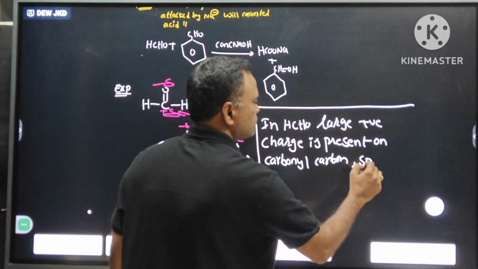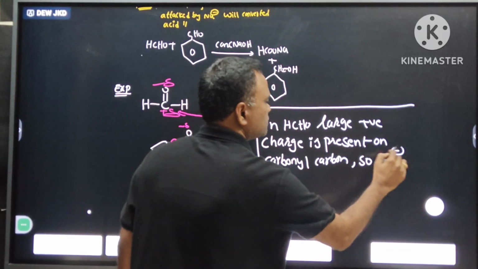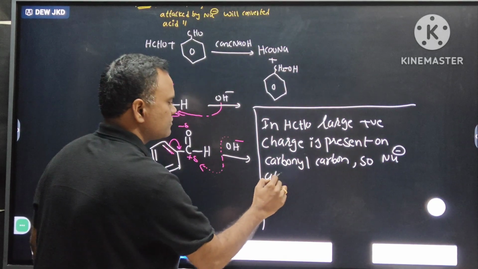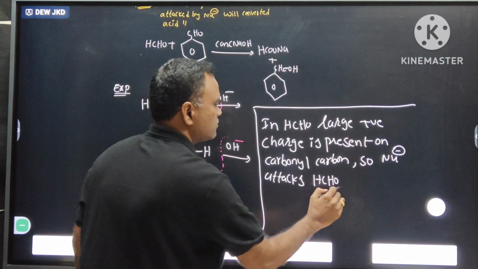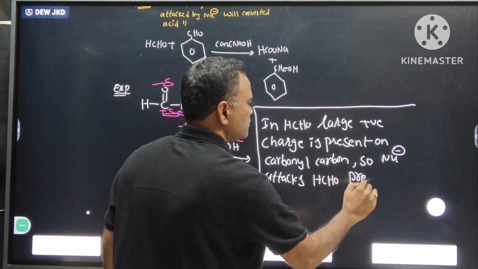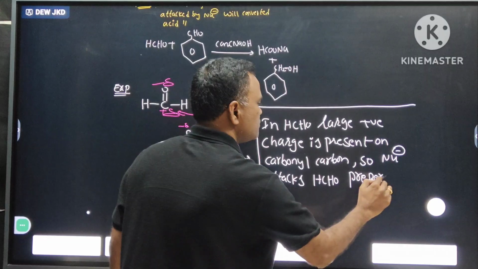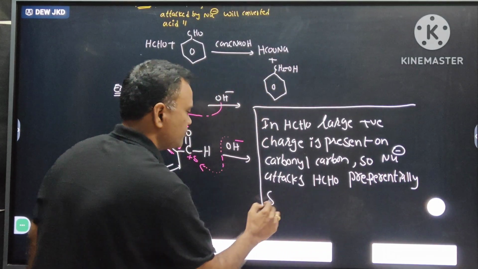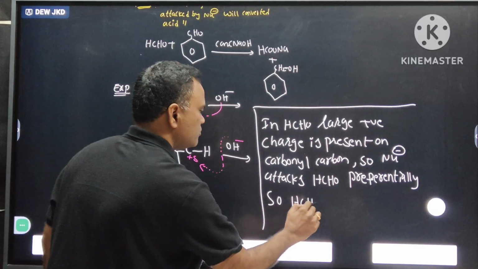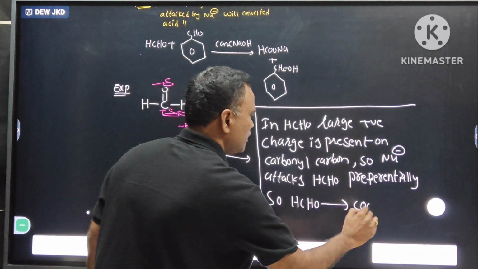So the nucleophile attacks HCHO preferentially. So HCHO is converted to acid.